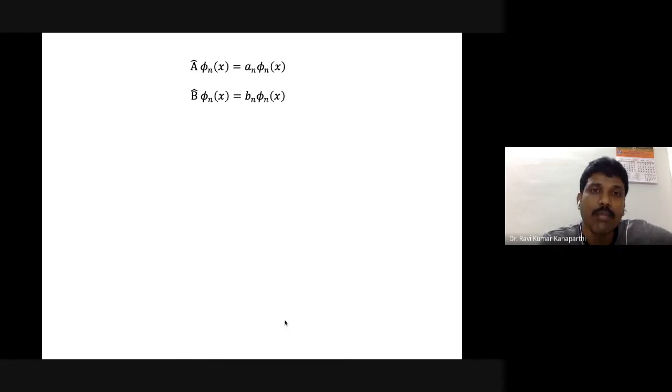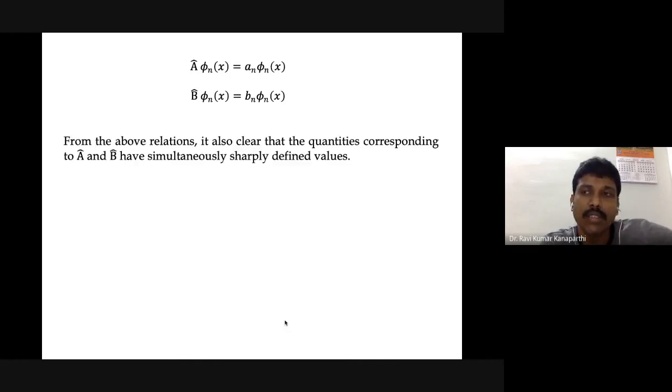So the commuting operators will have the same set of eigenfunctions. From these two relations, it is also clear that the quantities corresponding to A and B have simultaneously and sharply defined values.